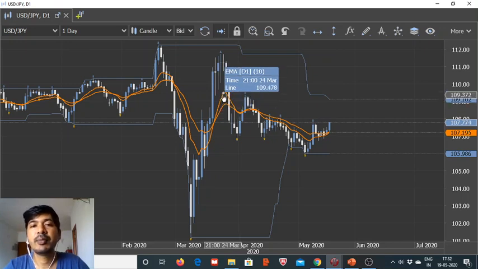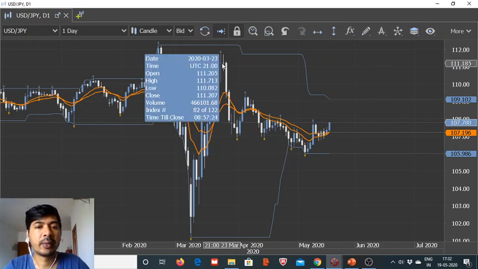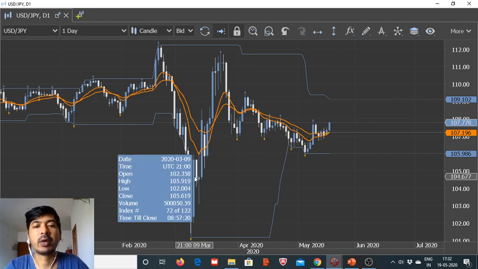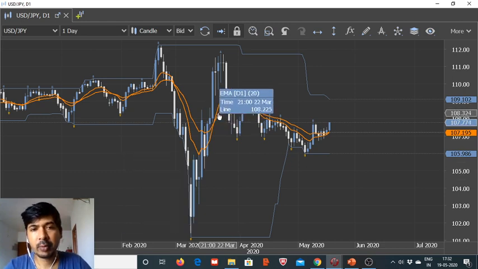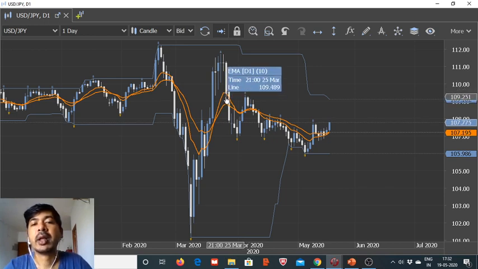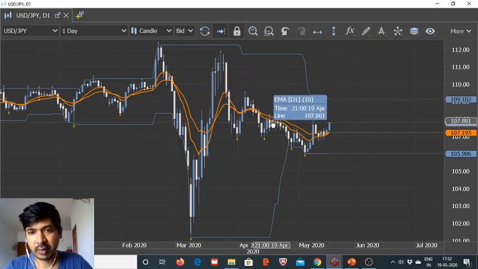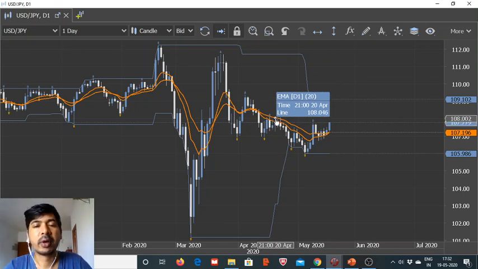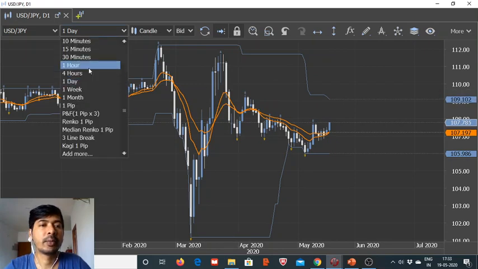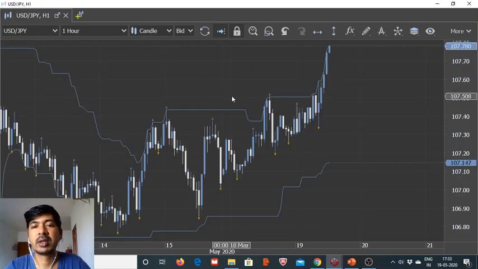At the same time, to make sure that we are not getting involved when there has already been a substantial move, we will bring in one more condition: the last tick price should be below this 10 EMA for buy purpose and above this 10 EMA for sell purpose. So we will make sure that correction has been there, and on top of that the min-max condition is also going to be there.